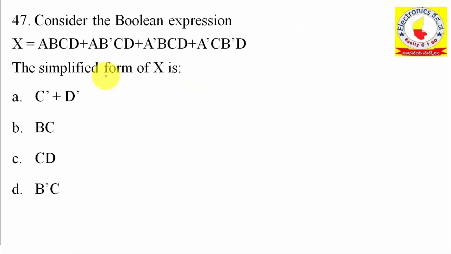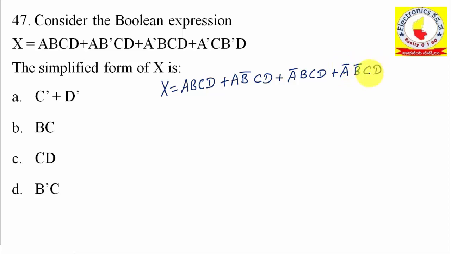47th question, it's a simple question they have asked. See, they have asked X C equals to ABCD in SOP form, plus AB bar CD plus A bar BCD plus A bar B bar CD. This is very very important. They have changed the sequence, so write it in a proper order.